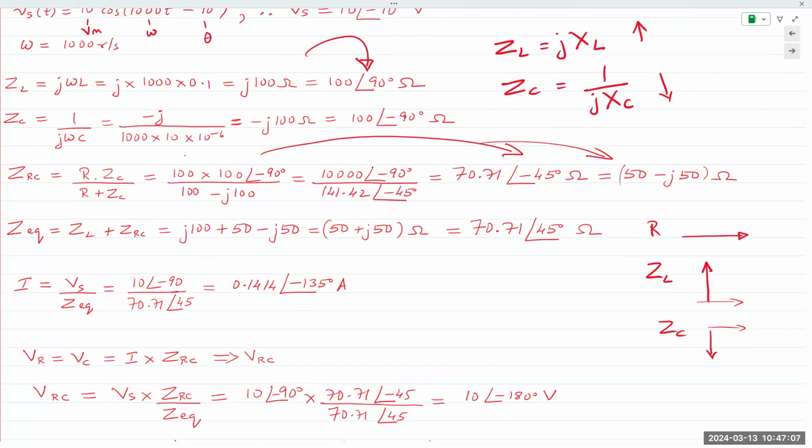And the inductor is plus 90. But later down the solution, if you look at the angles of the capacitor current and the inductor current and the capacitor voltage and the inductor voltage, they will not be exactly 180 degrees because they do not share the same current. They are not in a series circuit.